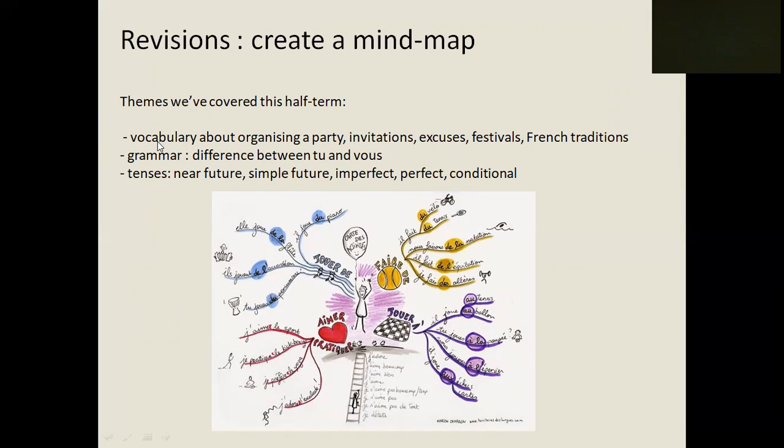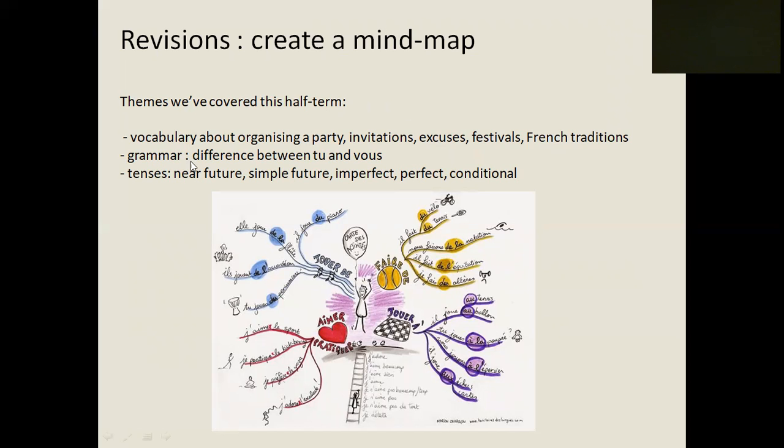So make sure you include the vocabulary we've learned about organizing a party, invitations, excuses, festivals, French traditions. You can use your home learning booklet for vocab and use as well your French book.